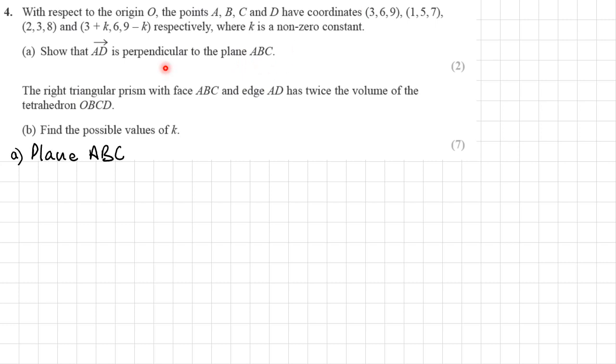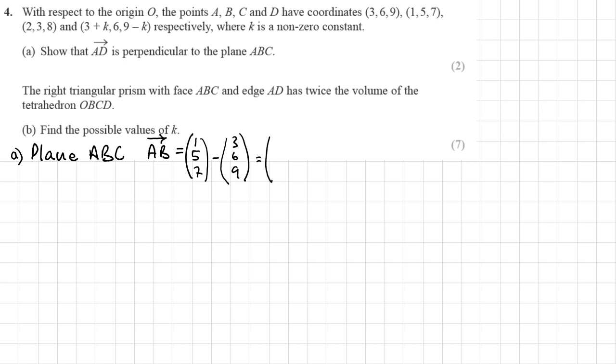Now for the plane ABC, I want two non-parallel vectors that are in the plane. So I'm going to find the vectors AB and then the vector AC. So AB, I'll find that, and I'm going to do everything in column form as (1, 5, 7) minus (3, 6, 9).